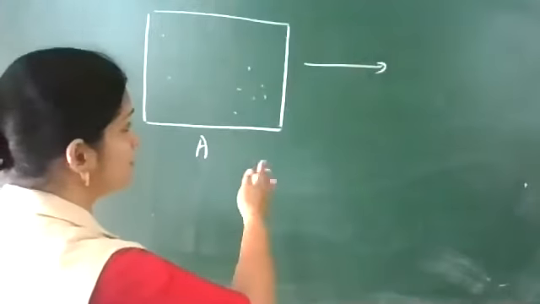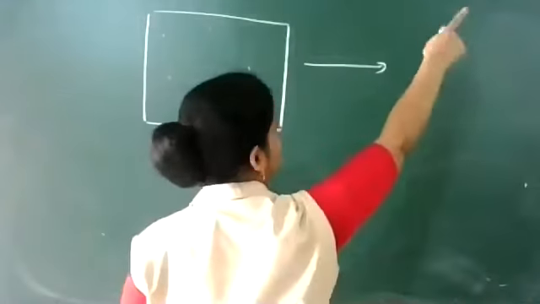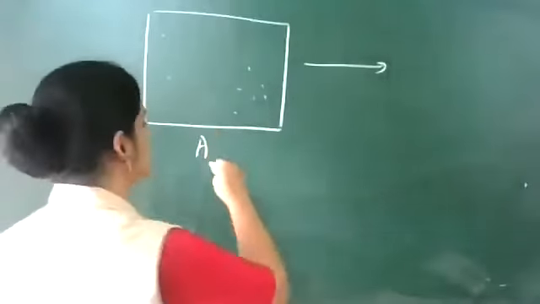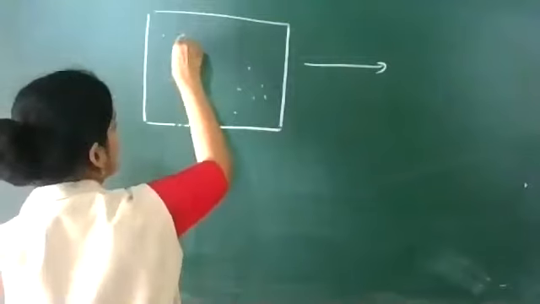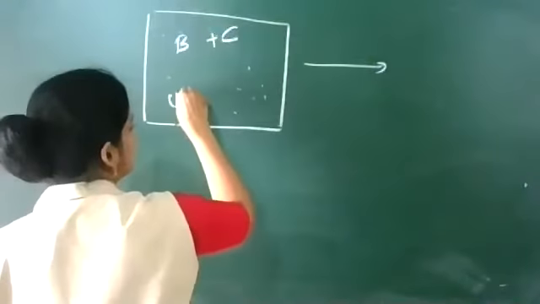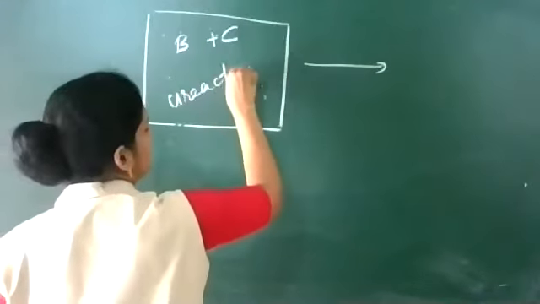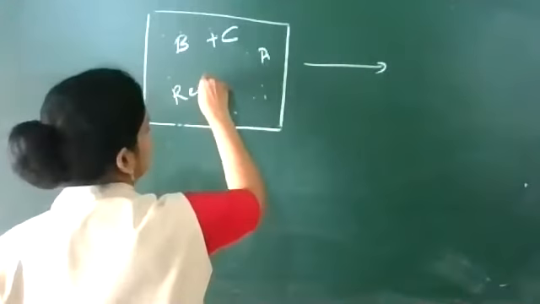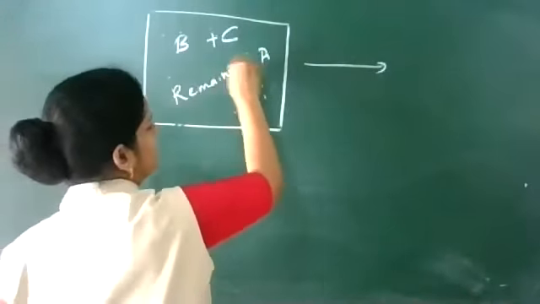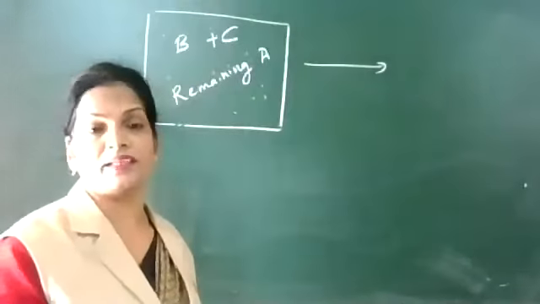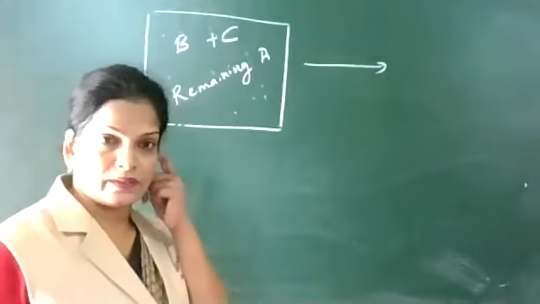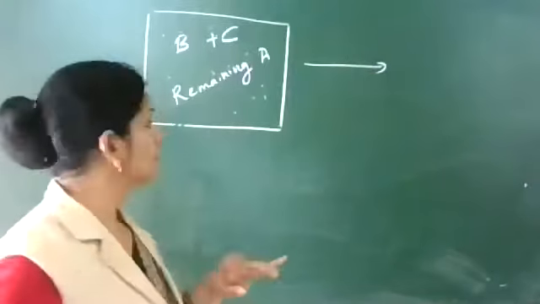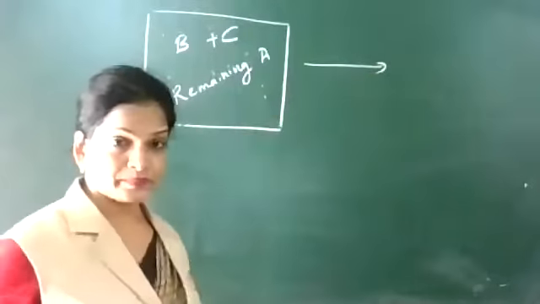So after the reaction, it is B, C and unreacted A, that means remaining A. All three things are present in this: B product, C product, and the remaining A.